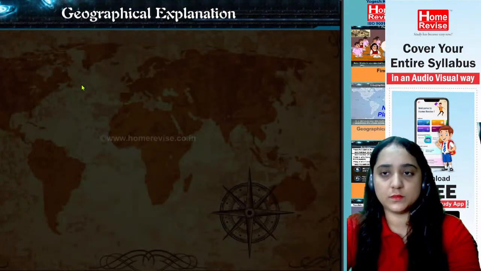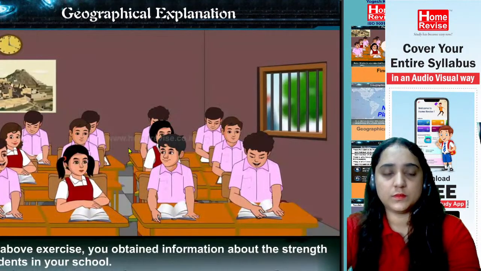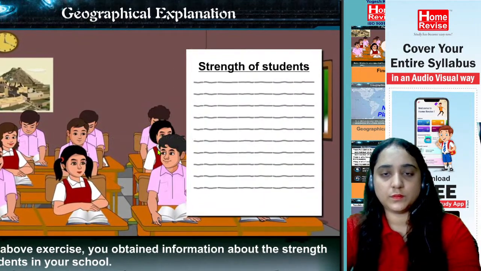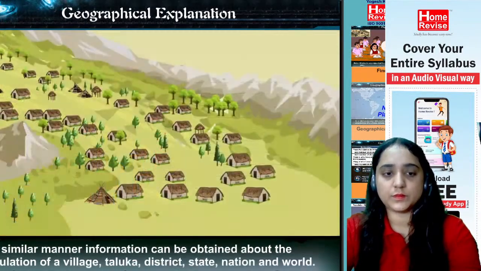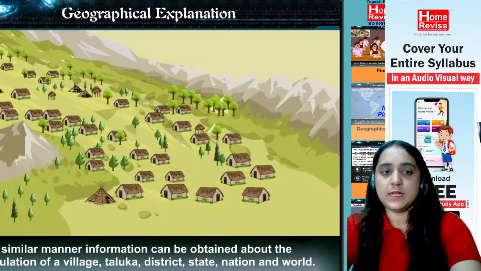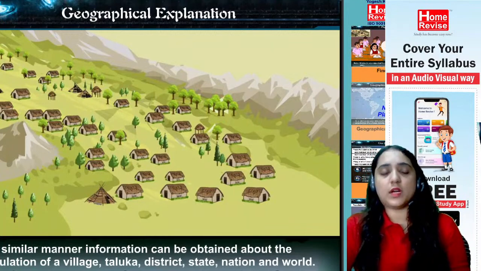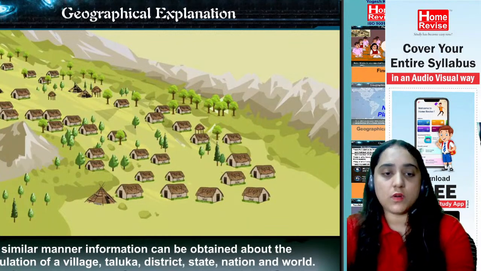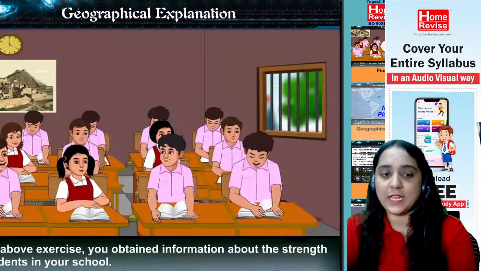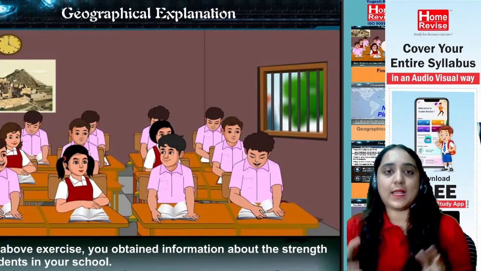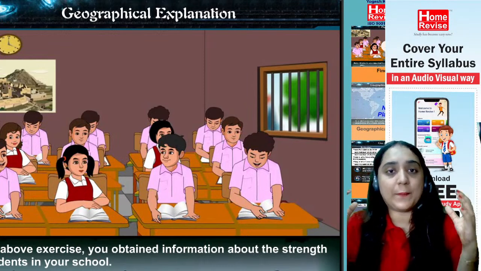Geographical explanation. In the above exercise, you obtained information about the strength of students in your school. In a similar manner, see, as given here, we can first talk about a school. If I tell you to do an exercise, collect the information about your whole class.